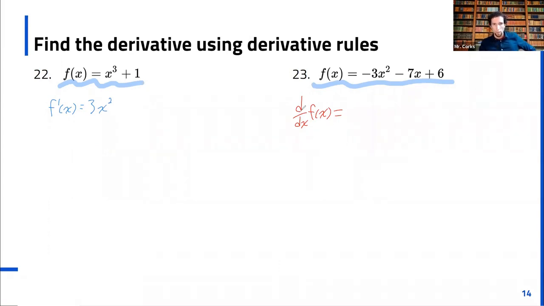Okay, so d over dx of f of x is equal to negative 6x minus 7. Okay, again, the constant is disappearing. We have an x here.